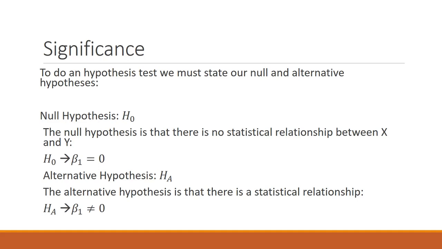The question is, is that beta 1 not 0 by chance, or because it reflects a real difference from 0, that the true beta 1 really is greater than 0 or less than 0? Or is whatever we observe different from 0 just by chance?